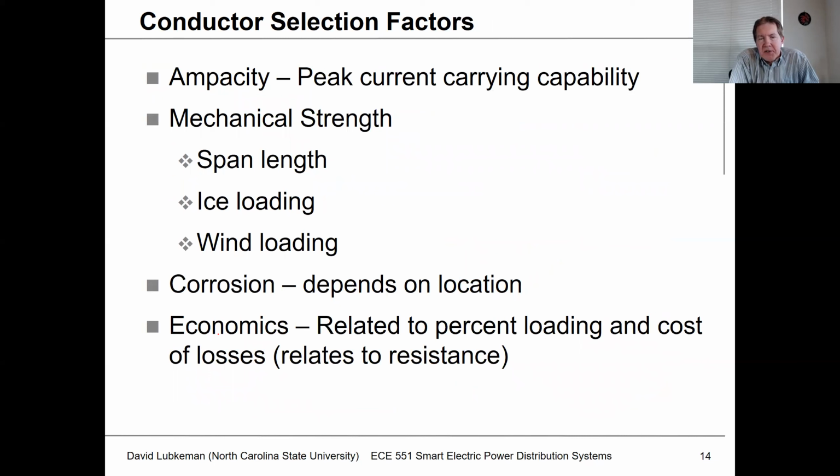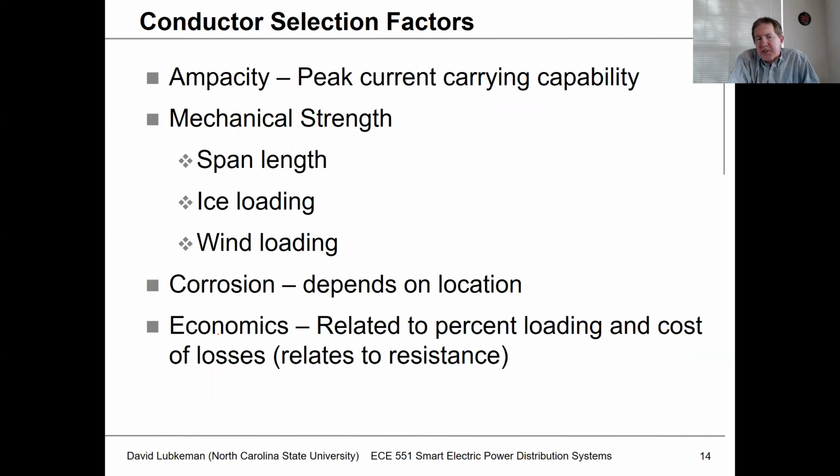As far as conductor selection factors, a big one is what kind of current it can handle. You have to have a bigger conductor if you want to handle more current. So utilities coming out of the substations would typically have really large conductors, and when you get further away and the load drops, we go with smaller conductors. The other thing you would worry about is mechanical strength. The thicker the cable, obviously, the stronger it's going to be.